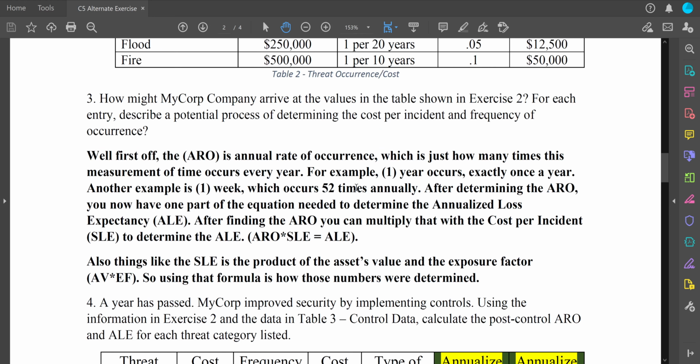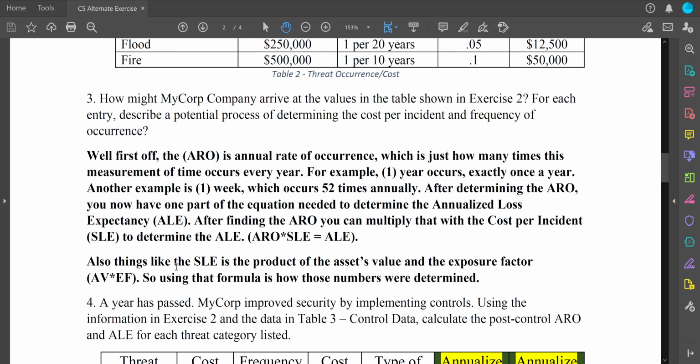In the book, I think on page 304, they mention how they determined what the SLE would be, which is the cost per incident. The formula for the SLE, which I don't think you'll ever use in this chapter, is the asset value multiplied by the exposure factor.